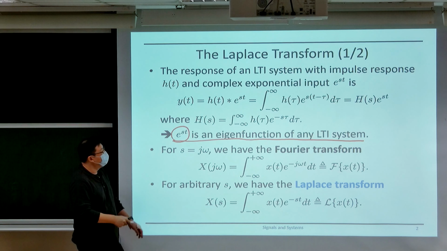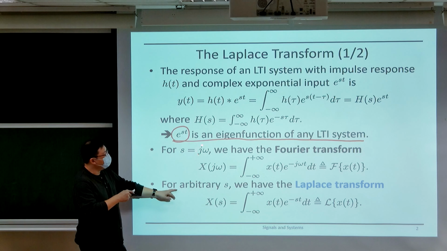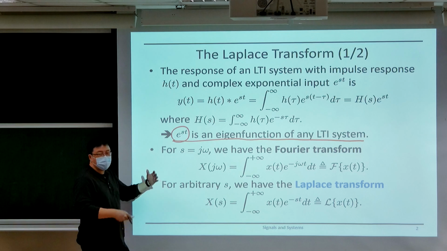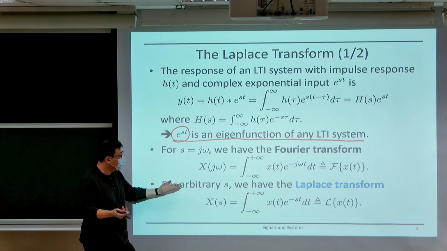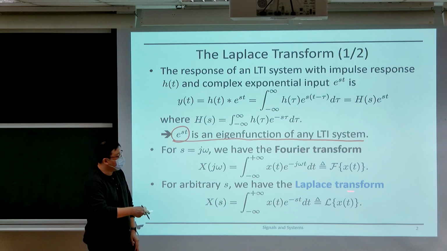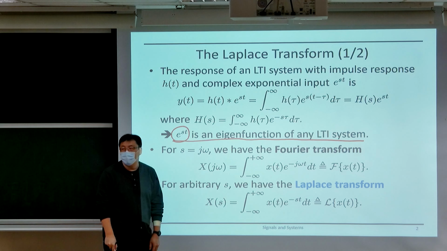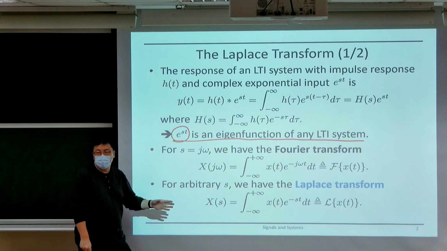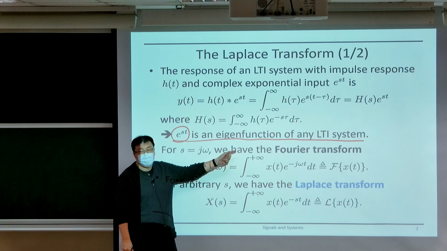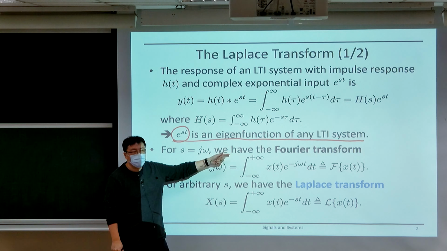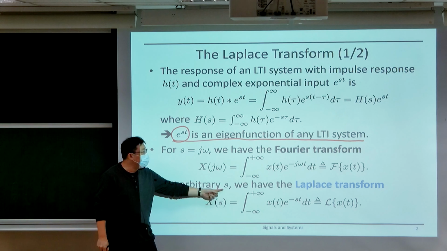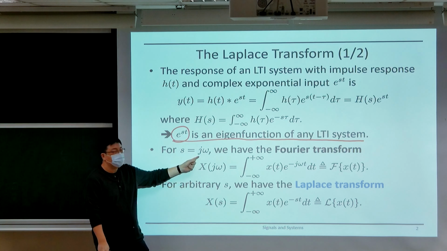Now, if s is not necessarily j omega, but any arbitrary complex number, then what we have is the Laplace transform. So the Laplace transform is just a generalization of the Fourier transform for arbitrary s rather than just j omega.